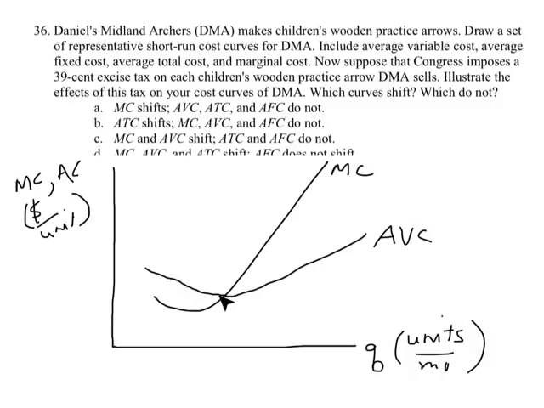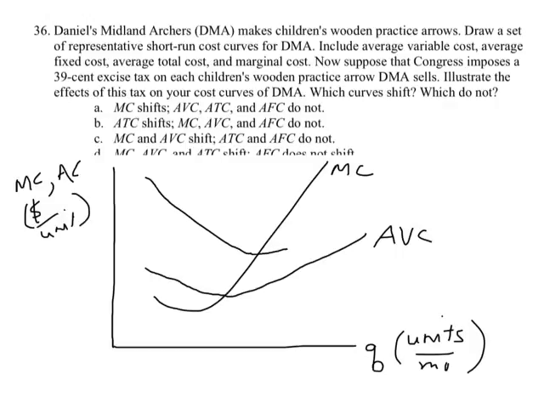Average variable cost has to be falling. When marginal cost, the cost of producing the last unit, is above average variable cost, it is pulling average variable cost up. The only way both of those things could be true is if they intersect at the bottom, at the minimum average variable cost.